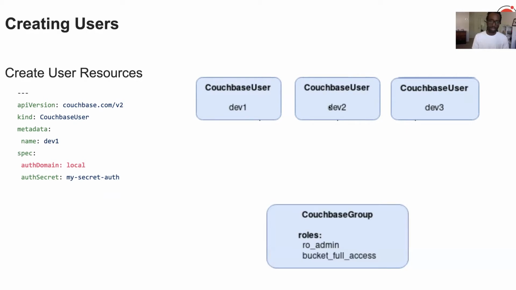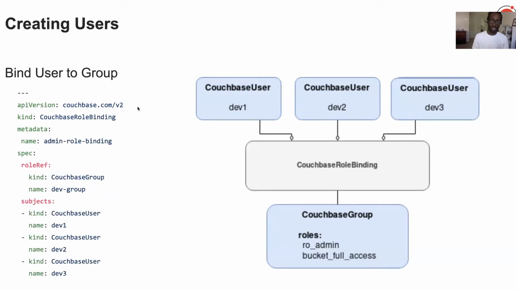Once you do kubectl create on this resource, we still haven't yet added them to the Couchbase cluster because we haven't yet associated these users with the roles. So in order to do that, we create the Couchbase role binding resource.